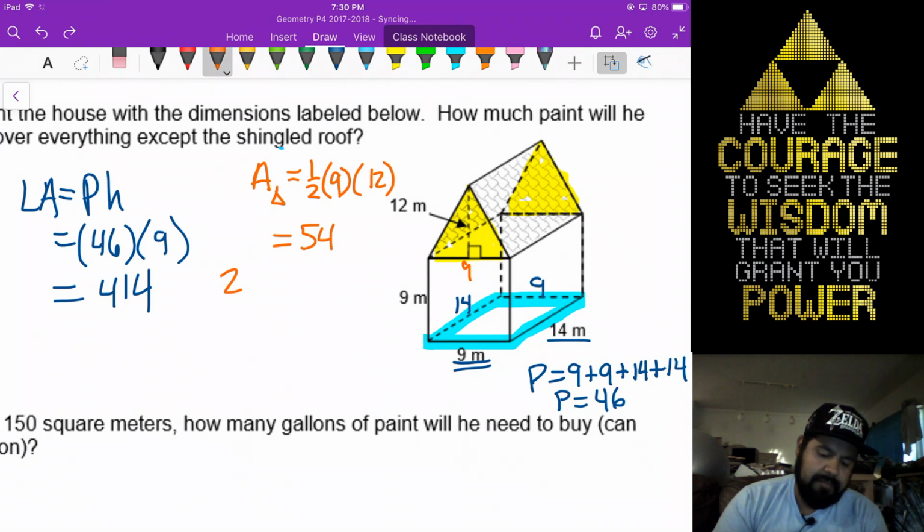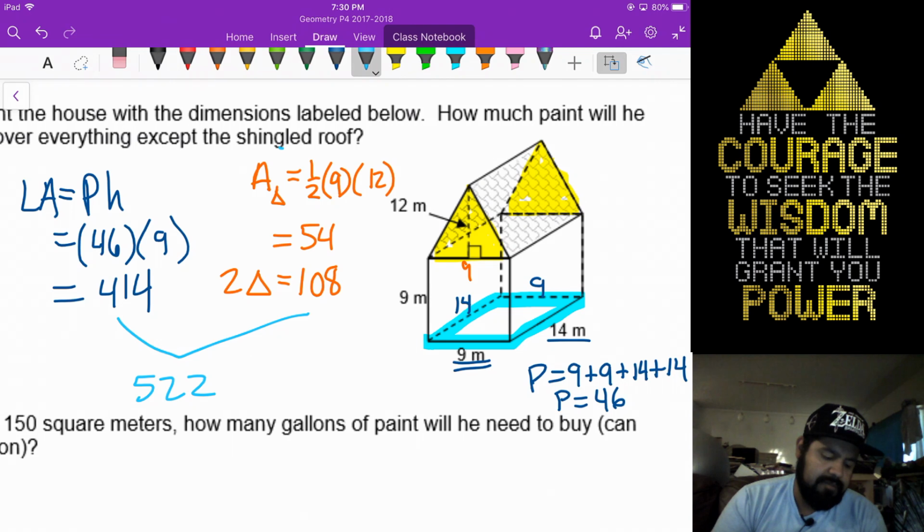Two triangles is going to be 108. So we're going to take, yeah, paint is no good with sand. Trust me, I've tried before. So our final answer is going to be 522 meters squared.